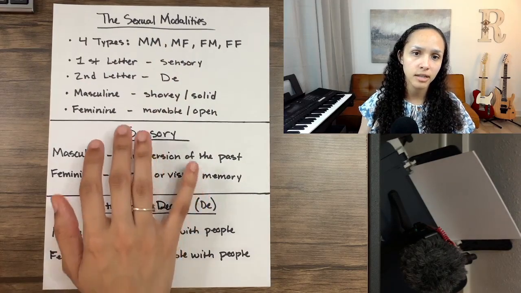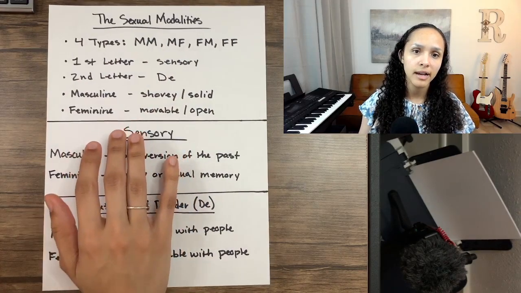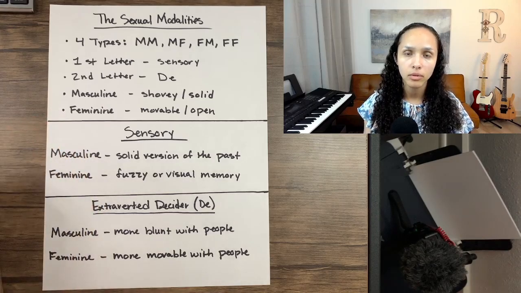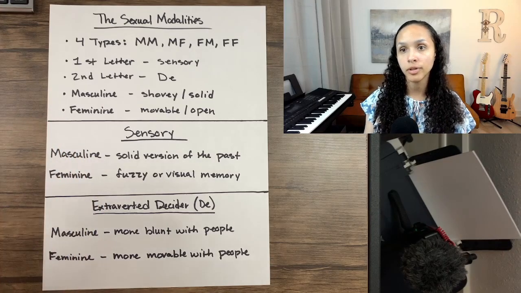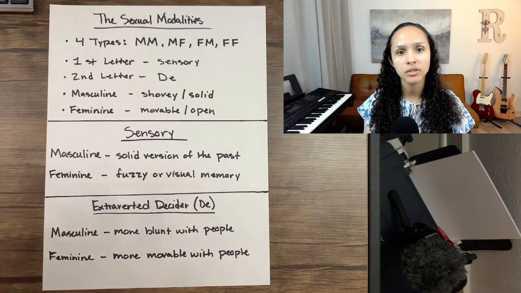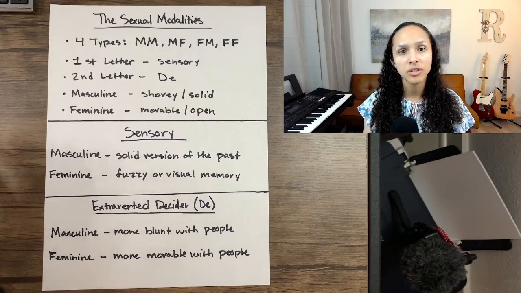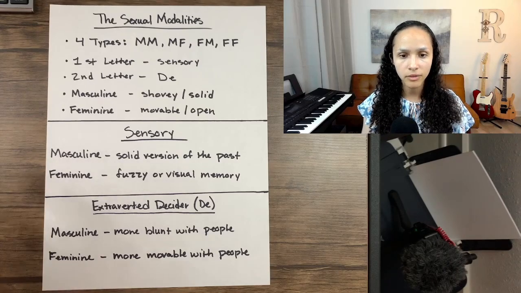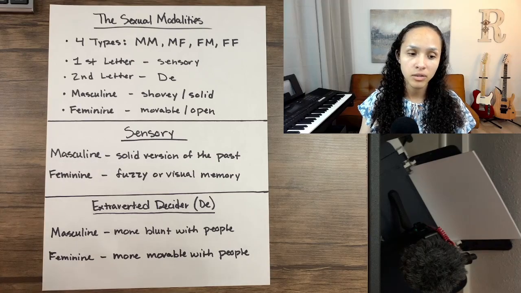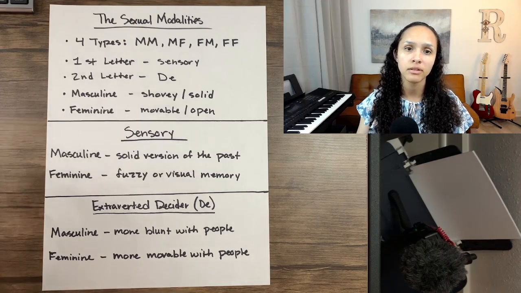So just to get into that a little bit more, masculine has a shovey solidness about it. It's immovable. It wants to push, in a sense, what it knows. It wants to push its agenda in a sense. There's a part of each one of us that is what we're going to move others with instead of just be moved upon, in a sense.